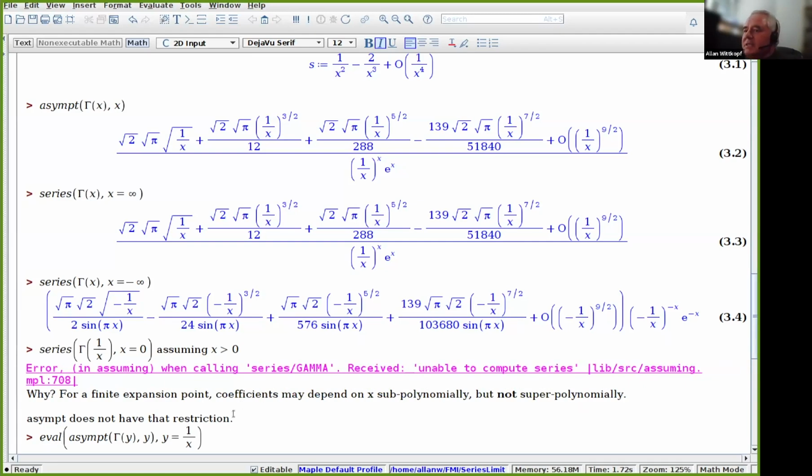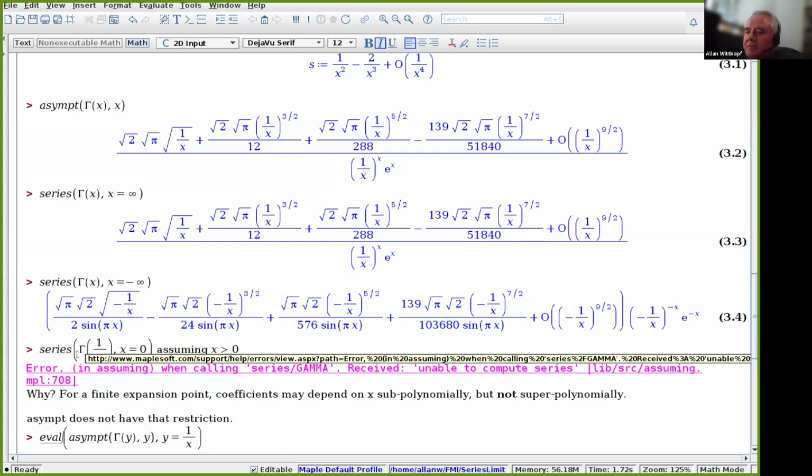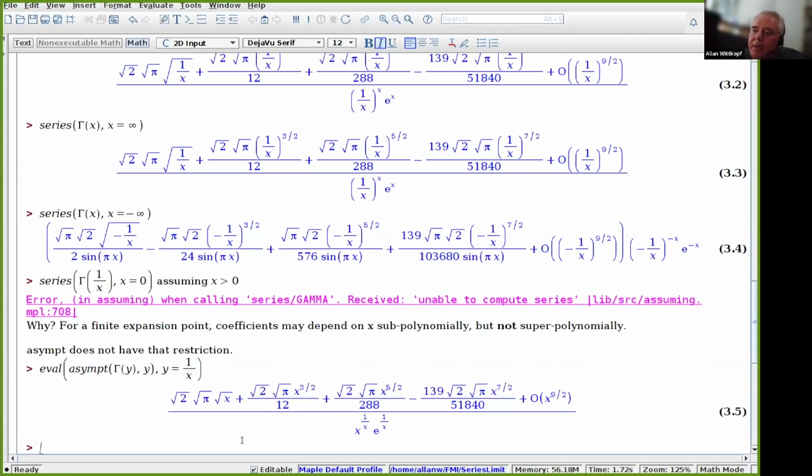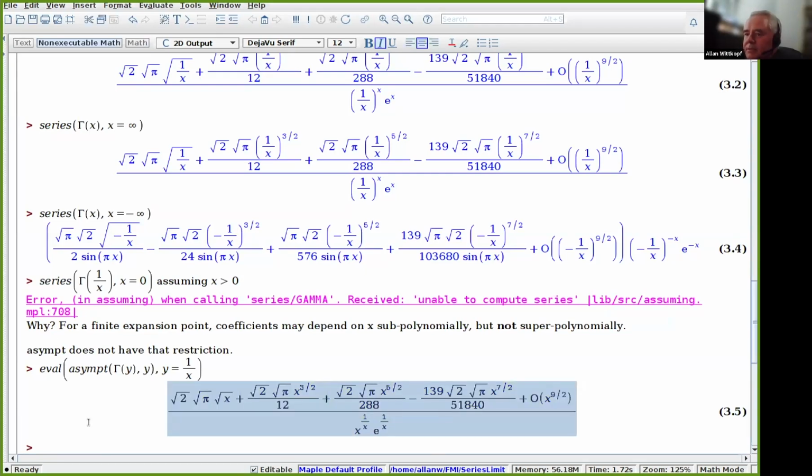The asympt function doesn't have this restriction. So we can obtain a series of gamma of 1 over x by computing a series of gamma of y at y equals 0 and just transforming y goes to 1 over x. This gives us a series expansion where the coefficients are not subpolynomial. So this is a way to get a more general series.